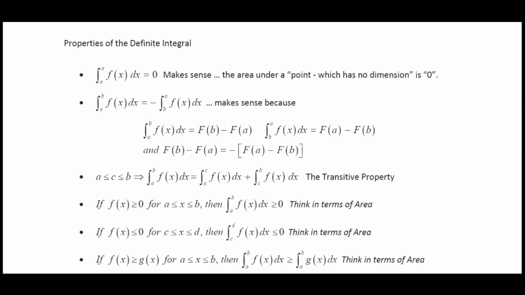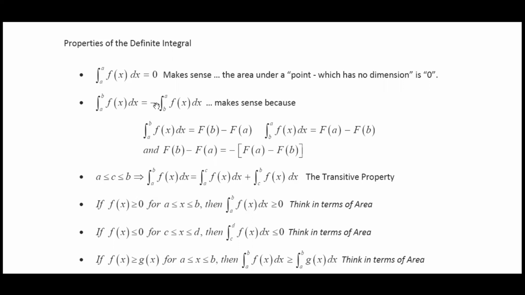Now, property 2. If you have the integral from A to B, that answer is the opposite of the answer from B to A. In other words, if you switch the numbers, A to B, B to A, then the answer is the negative.